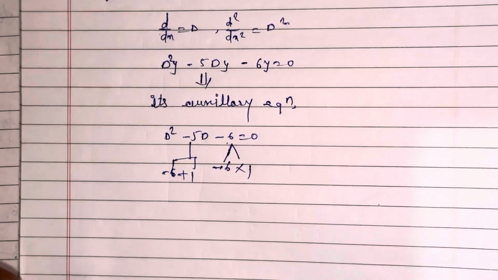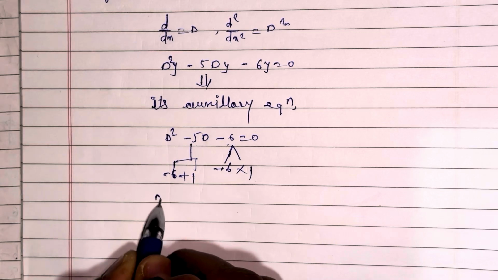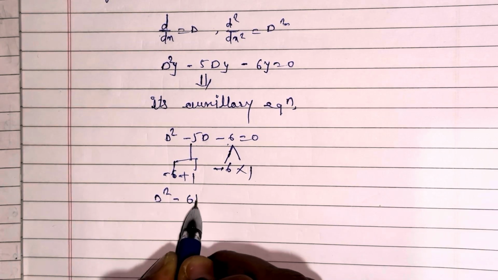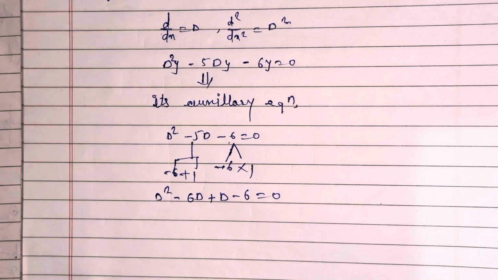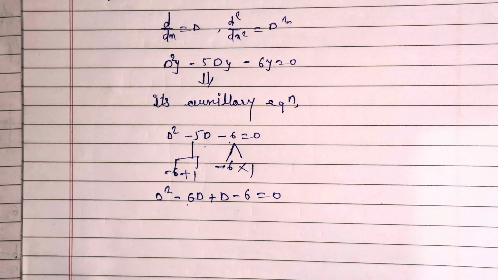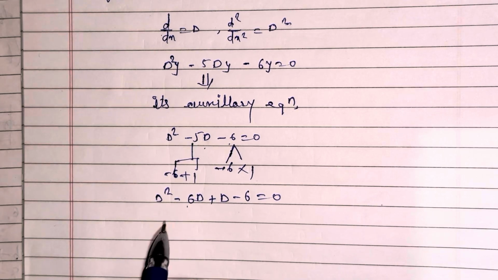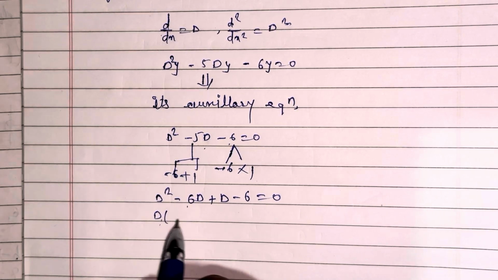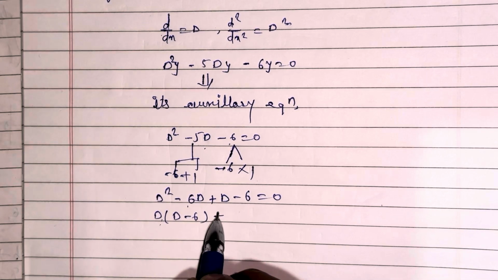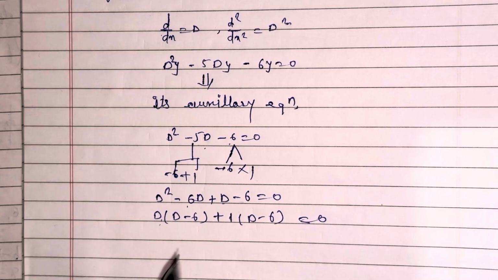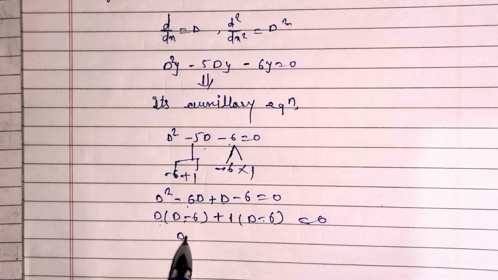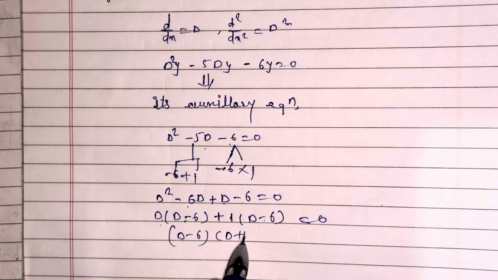So we expand our auxiliary equation as D square minus 6D plus D minus 6, which is equal to 0. Taking D common from the first terms, D into (D minus 6), plus 1 common from the remaining terms, (D minus 6), equal to 0. Taking D minus 6 common, we get (D minus 6)(D plus 1) equal to 0.